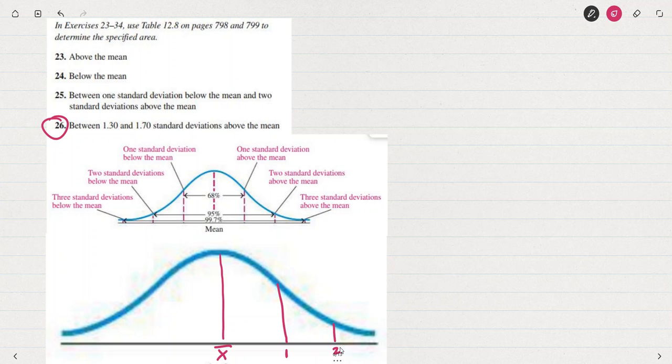That 1.30 is going to fall somewhere between the 1 and 2, and the 1.7 also falls somewhere in between them.